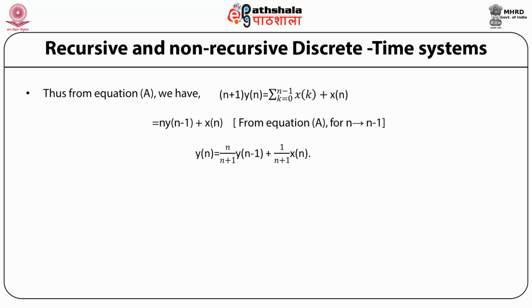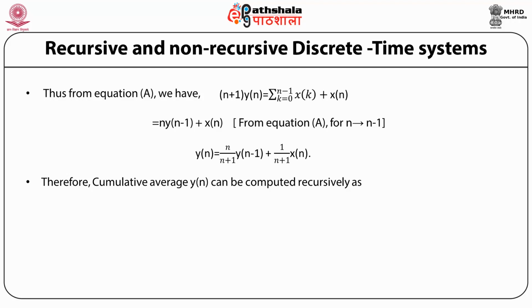So from the previous equation, we have (n plus 1) multiplied by y(n) equal to summation over k equal to 0 to n minus 1 of x(k) plus x(n), equal to n times y(n minus 1) plus x(n), where we have replaced n by n minus 1. So y(n) can be written as n by (n plus 1) y(n minus 1) plus 1 by (n plus 1) x(n).